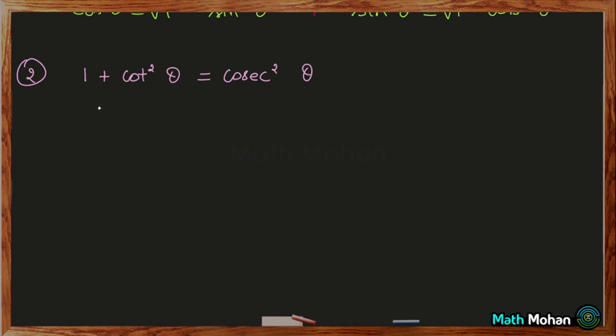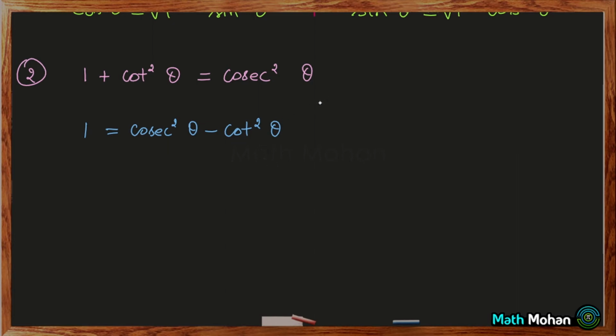Suppose in the first case, if I want to keep 1 on the left side, I can take the cot square theta to the right side. So it will become cosecant square theta minus cot square theta. So this is one way we can get it equal to 1.